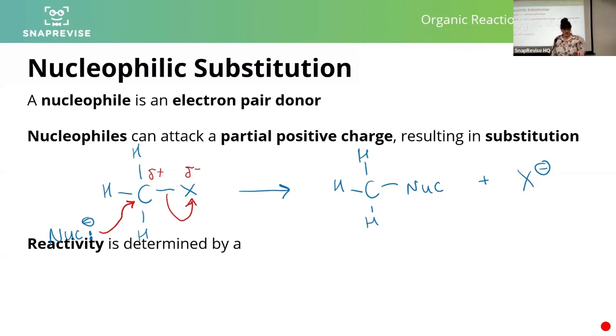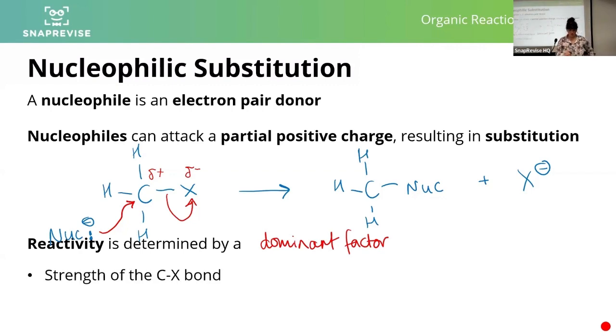So reactivity of a halogenoalkane here is determined by, as always, a dominant factor, but there are contributing or conflicting things. There are two things that can contribute. The strength of the carbon-halogen bond can contribute to how reactive a halogenoalkane is, and the polarity of the carbon-halogen bond.